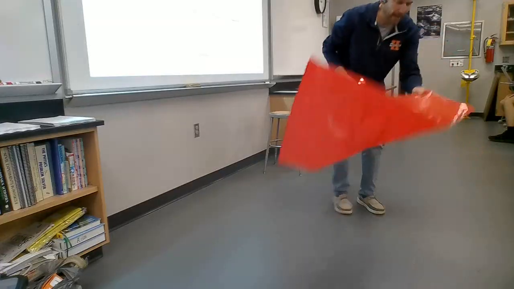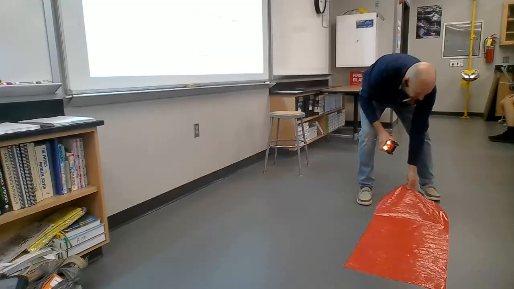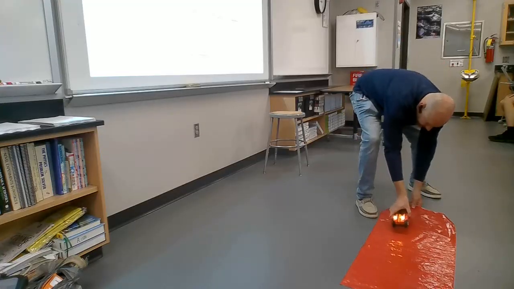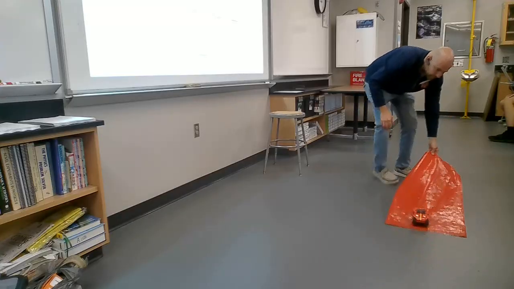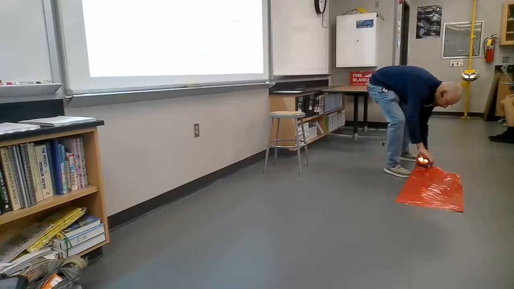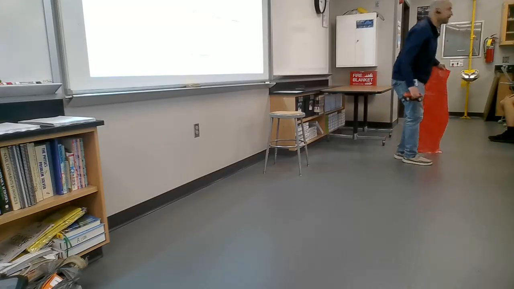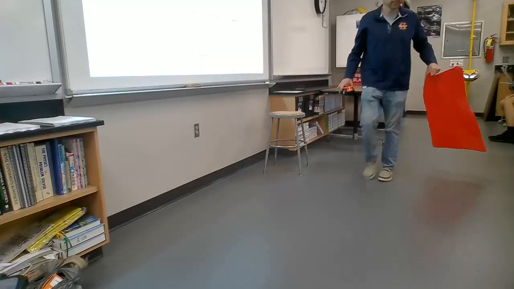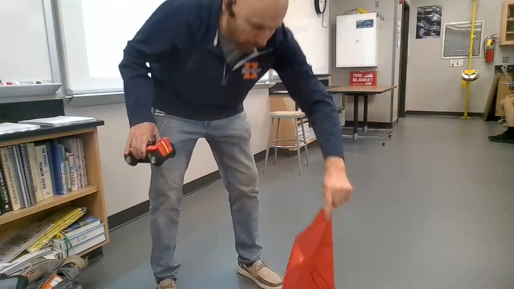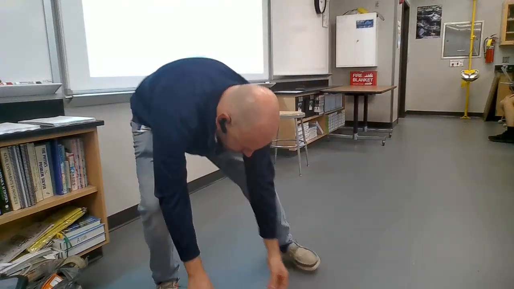Now, if we have the swimmer go upstream, assume the current is going 4 meters a second, and the swimmer can swim 3 meters a second. So relative to you, it looks like the swimmer's going backwards. Now across the river, I'm going to make our river a little wider here.